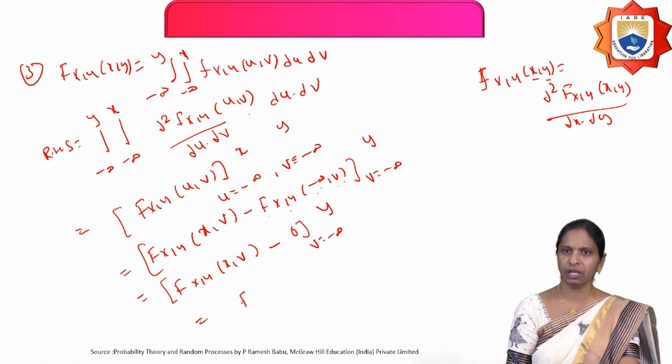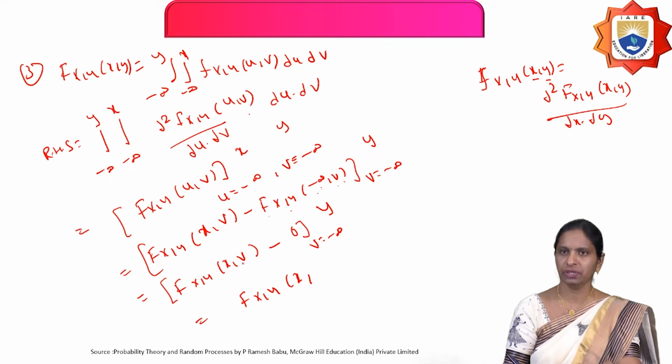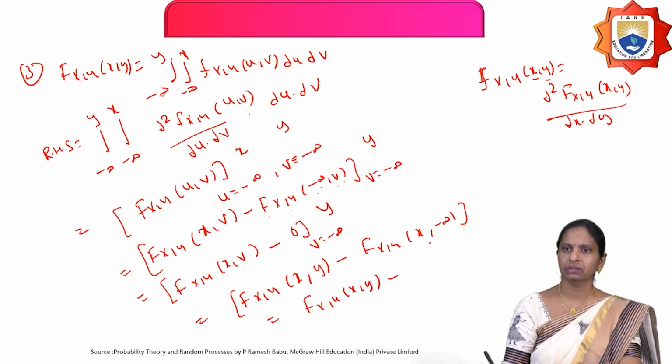Now substitute the v limits. Therefore what can you obtain here? F_XY of x comma, what is the upper limit here? y. In place of v you substitute y, minus the lower limit is what? x comma, in place of v you substitute the lower limit minus infinity. That equals what? F_XY(x, y) minus. I already told you that in the joint distribution function, if you keep any one of the variables as minus infinity, that value equals 0.